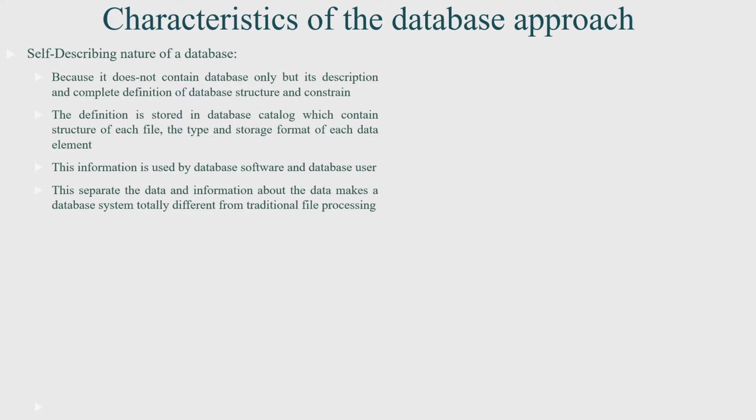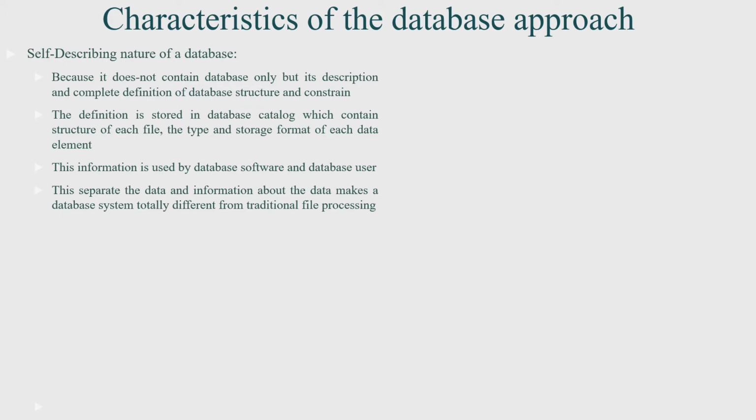So it has a description and complete definition of the database structure and its constraints. The rules and regulations are also there. A complete description of why you have designed the database, and what things you have utilized, will also be there. Next, the definition stored for a database is used as a catalog.